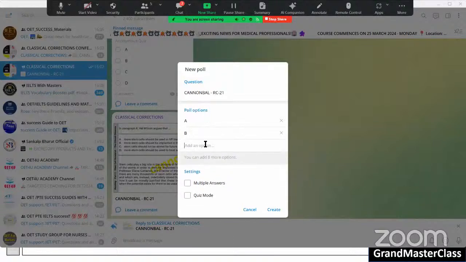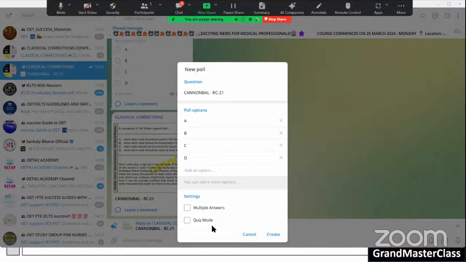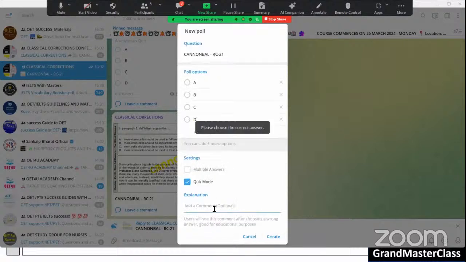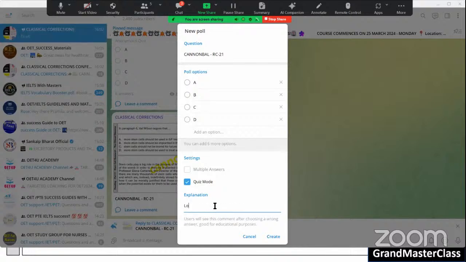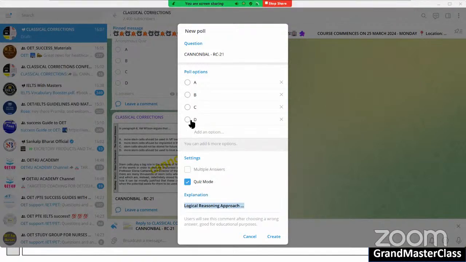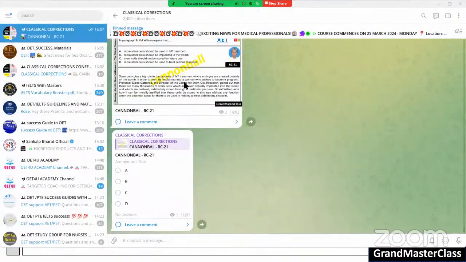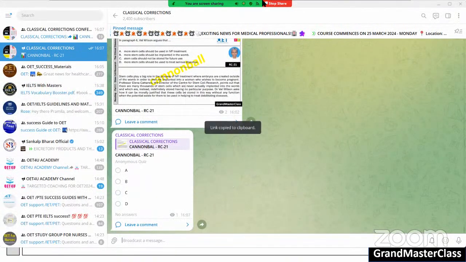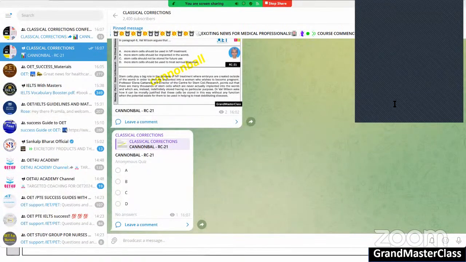A, B, C, D. Logical reasoning approach. So what is the answer you have given? Mostly D. Okay, 21. Here you can update your scores. Update scores, please.